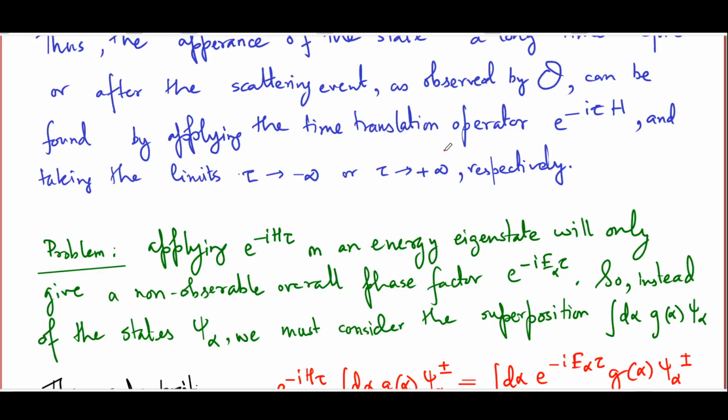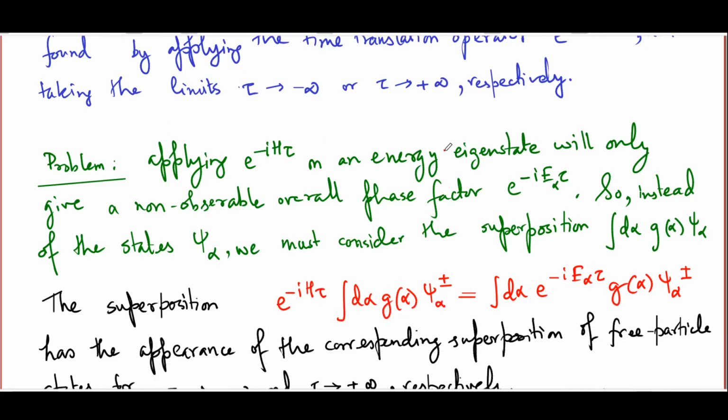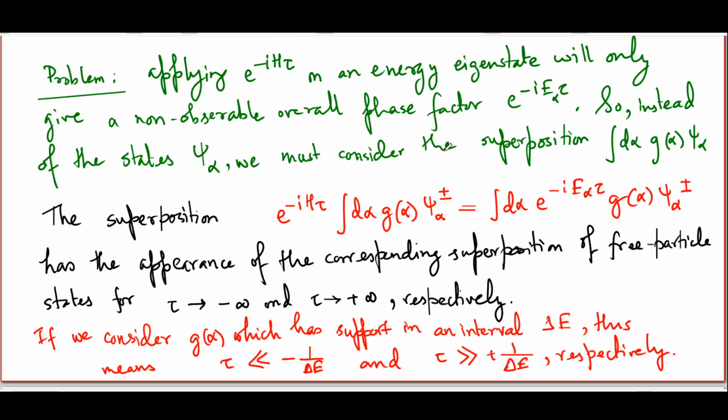So there would be an interval of energy delta E for the overall system. And g alpha has a non-zero value only over a plus minus delta E region for some finite delta E from this central value of the energy. That of course is P10 plus P20 plus P30 for all the particles taken together.